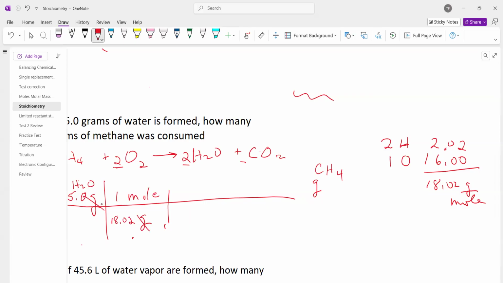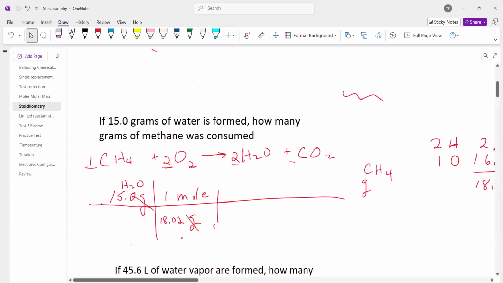Now from the balanced equation, we're going to do the ratio of water to methane, from the coefficients ratio. Methane is 1. Water's 2. This is why we balance the equation, this step here.